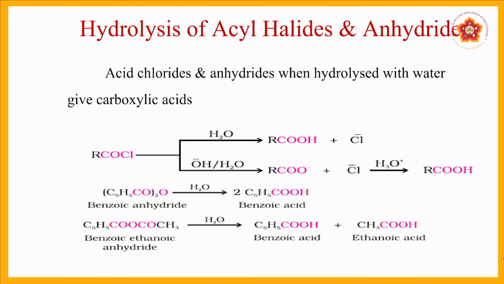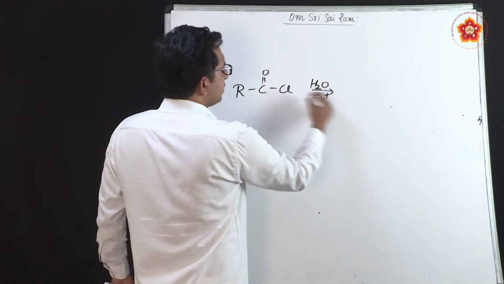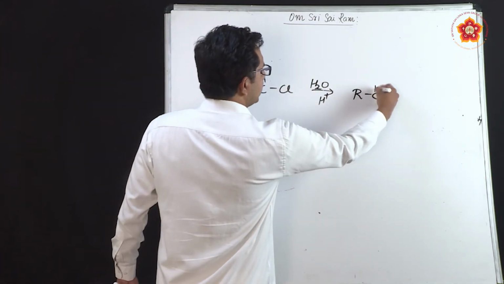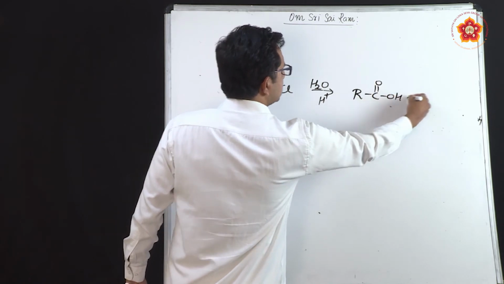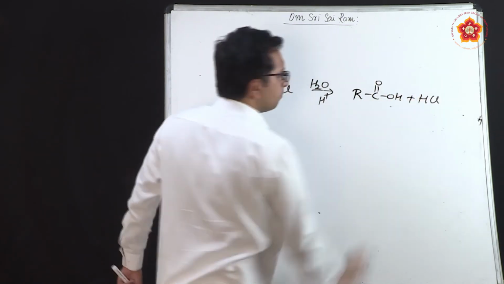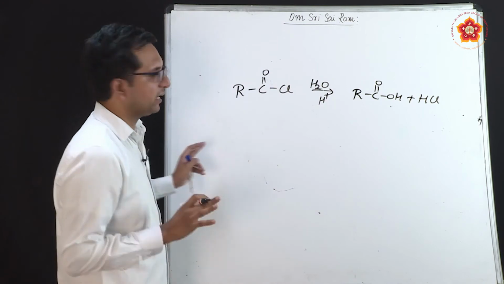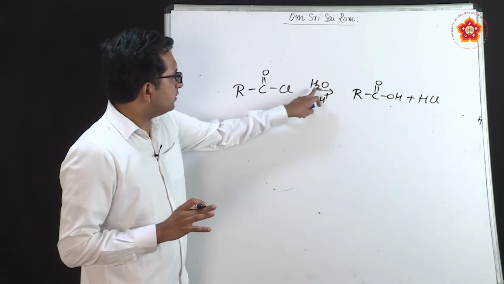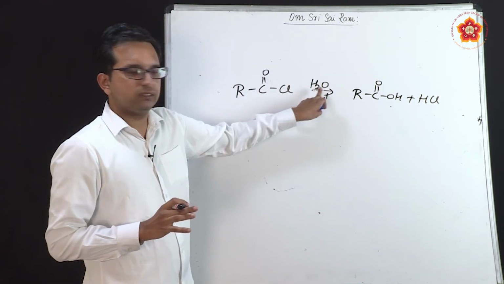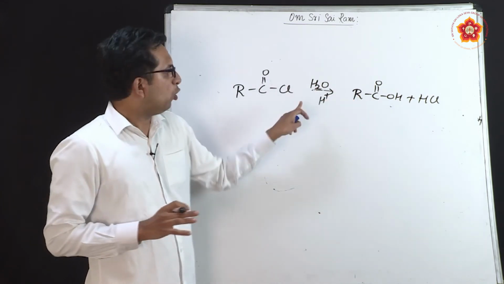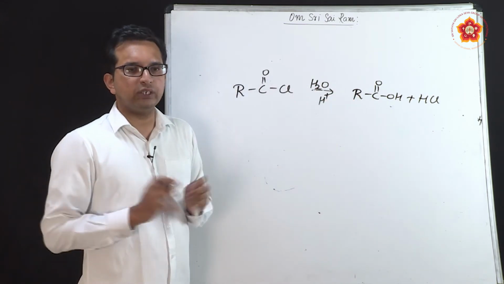Since these are general organic reactions, here water will be a direct reactant where RCOOH plus HCl can be formed. This is one basic reaction that we consider where H plus combines with Cl, and OH minus combines with the COOH which is there.